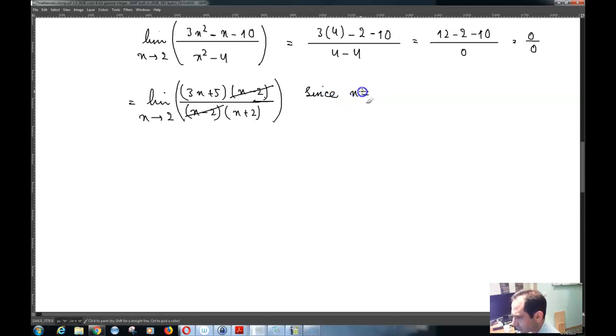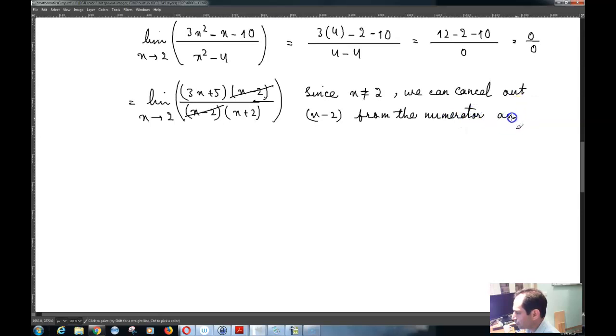Since x is not equal to 2, we can cancel out x minus 2 from the numerator and denominator.